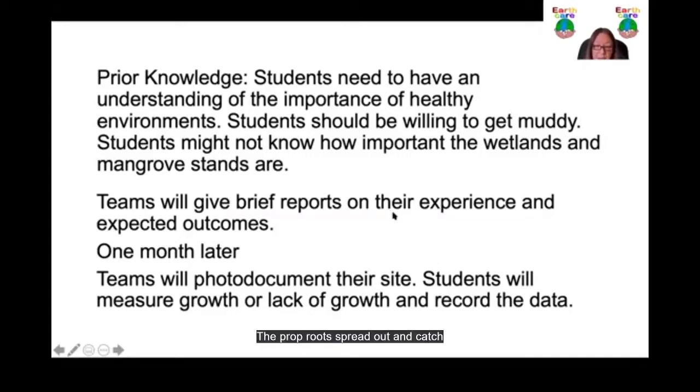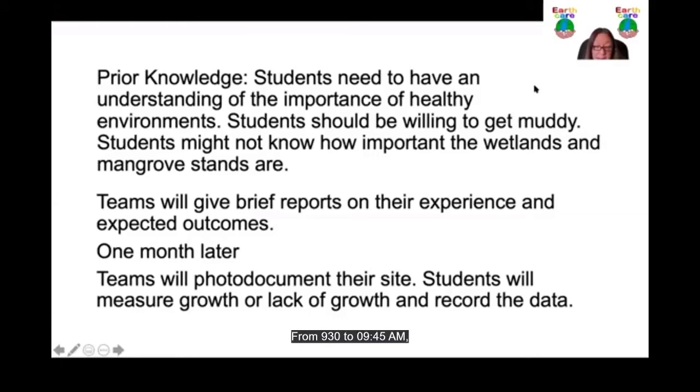Their prop roots spread out and catch the sediment that the currents wash in, thereby increasing the land mass. In addition, salt marshes, mangroves, and seagrass beds absorb large quantities of the greenhouse gas carbon dioxide from the atmosphere and store it, in turn decreasing the effects of global warming and climate change.